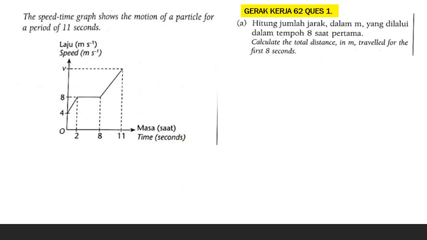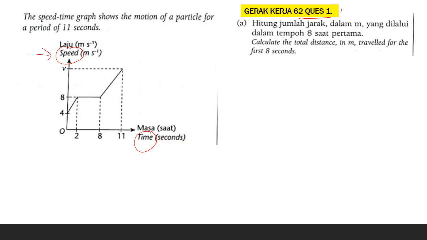Okay, next, Gerak Kerja 62, question 1. Yeah, this one is also a speed time graph. So normally, be careful every time when you come across a graph. In a graph of motion, you must check first what type of graph it is.